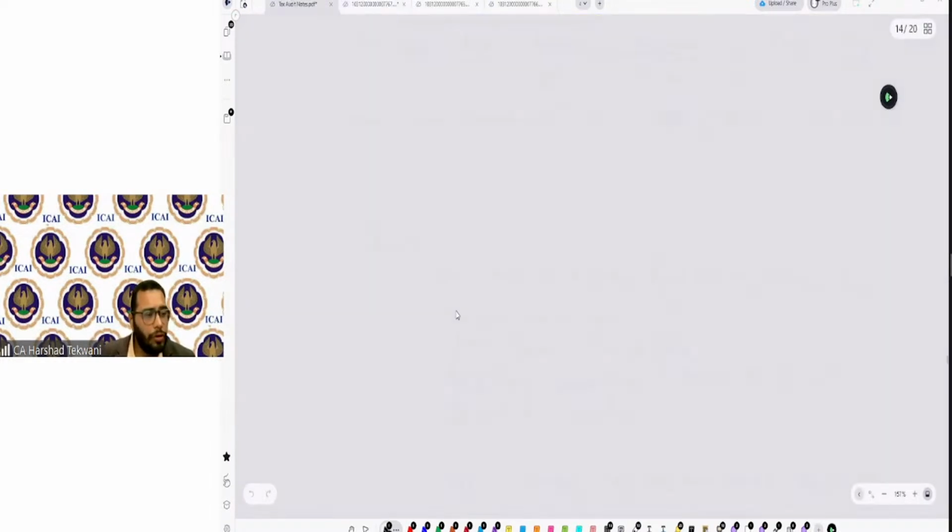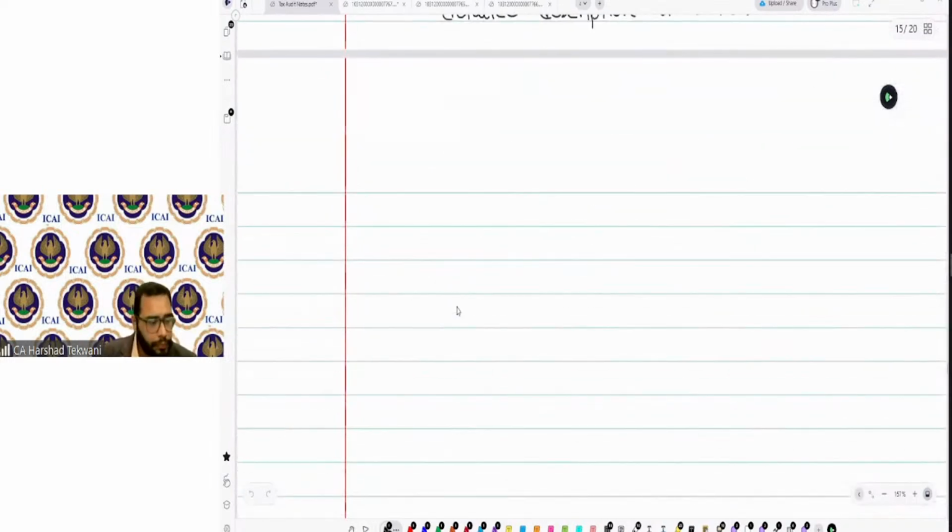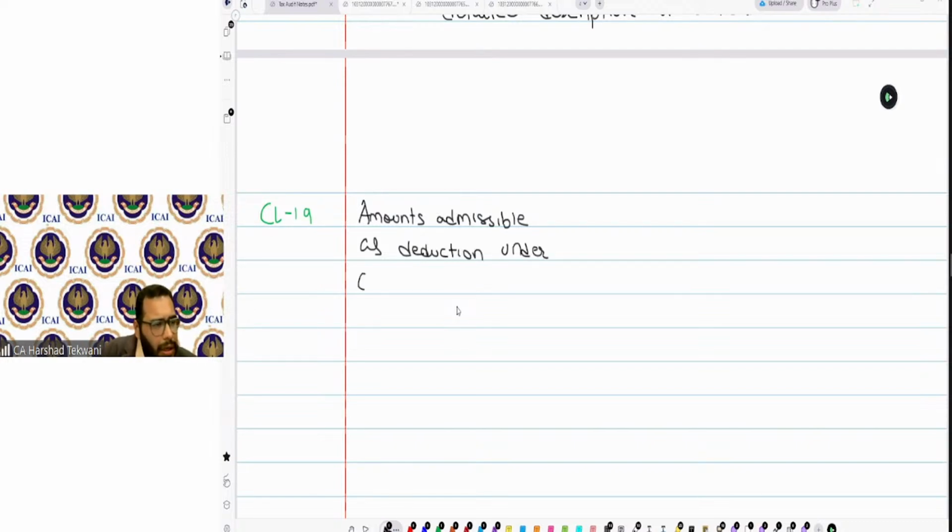So clause 19 talks about amounts admissible as deduction under certain sections. I'll not repeat the sections over here, but these are the certain sections.